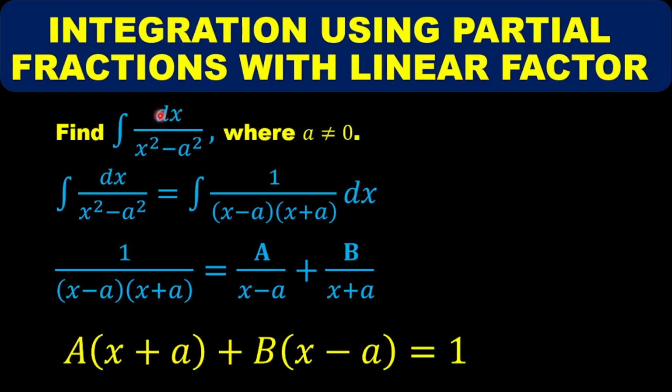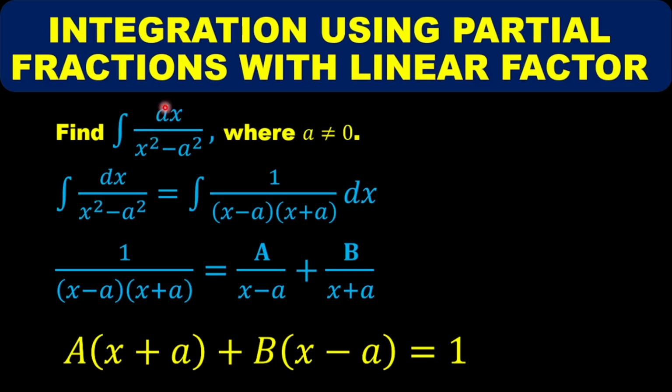And if it is 1, that means the degree of the numerator is not greater than the degree of the denominator. So the rules that we studied in part 1 say that if the degree of the numerator is bigger than the degree of the denominator, you have to divide.